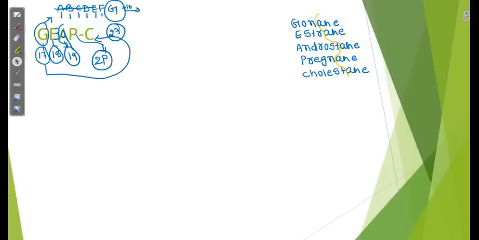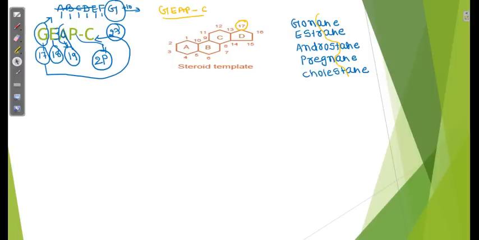So dear student, let us see how the 17 carbons are there. Calculate the number of carbons. It is 17 here. From this short form, GEAPC, we go from G to estrane.